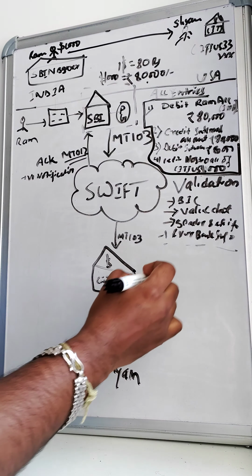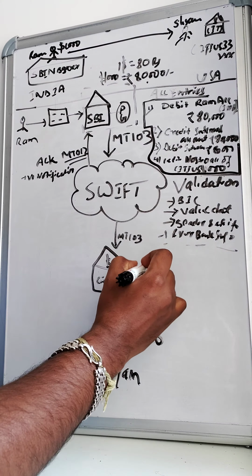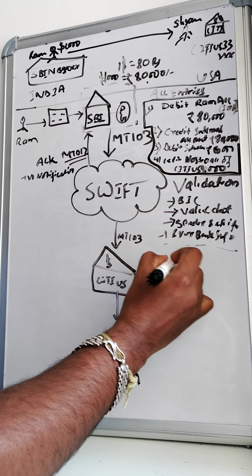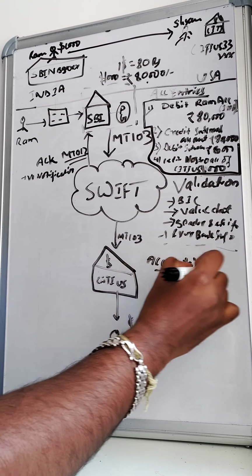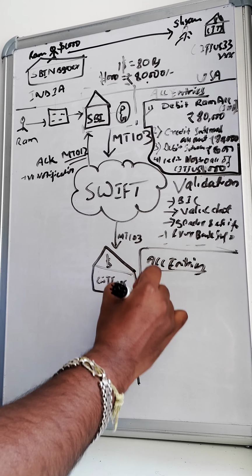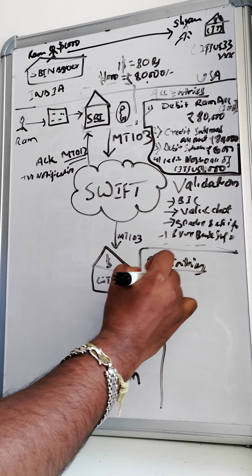Now at City US, it will receive this MT103 message, and they will also perform the accounting entries.